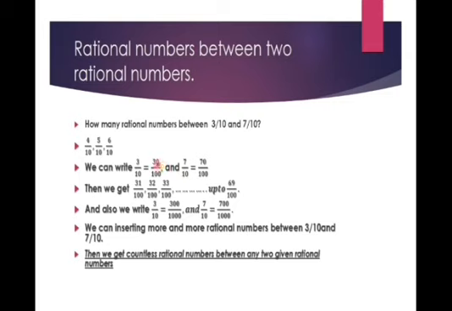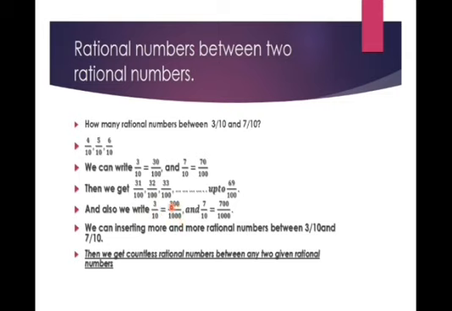Then how many rational numbers are there between 30/100 and 70/100? More than 3. We get 31/100, 32/100, 33/100 up to 69/100. Then what is next after 69/100? 70/100. In that way we can write 3/10 as 300/1000.